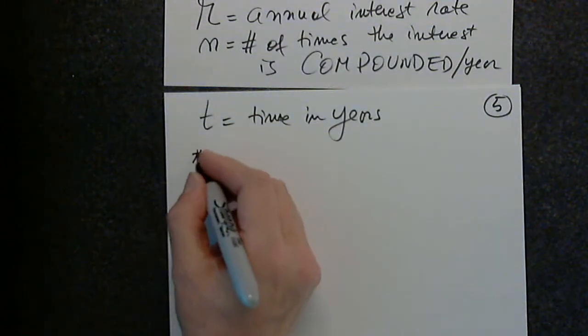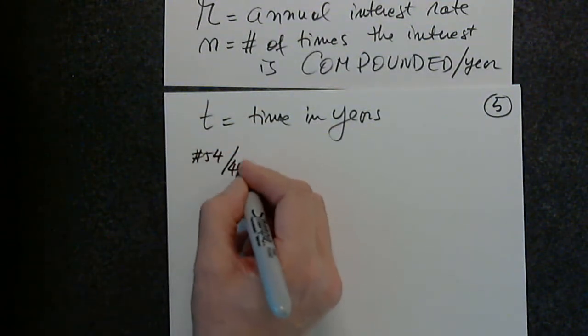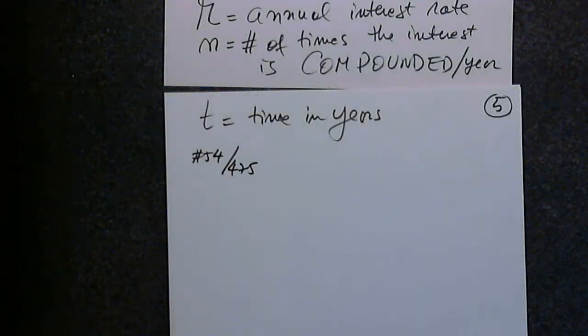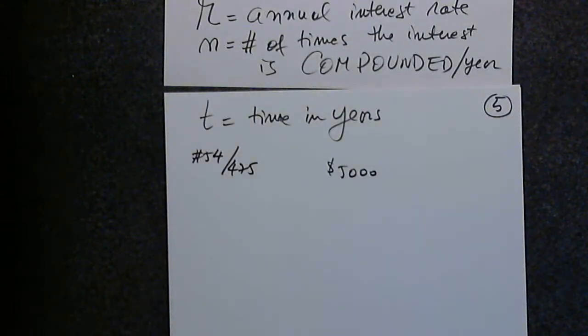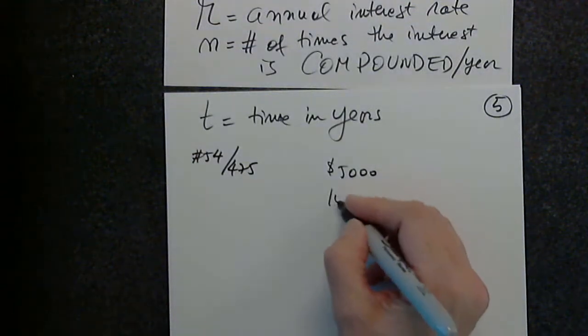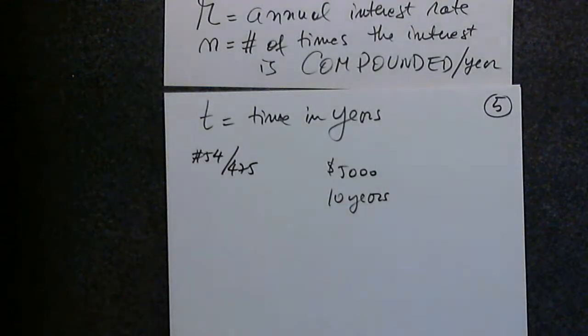So here's our first question with this model. Number 54 on page 475. Find the accumulated value of an investment. I'm just going to copy the numbers and you'll tell me which one is what. For 10 years at an interest rate of 6.5%.